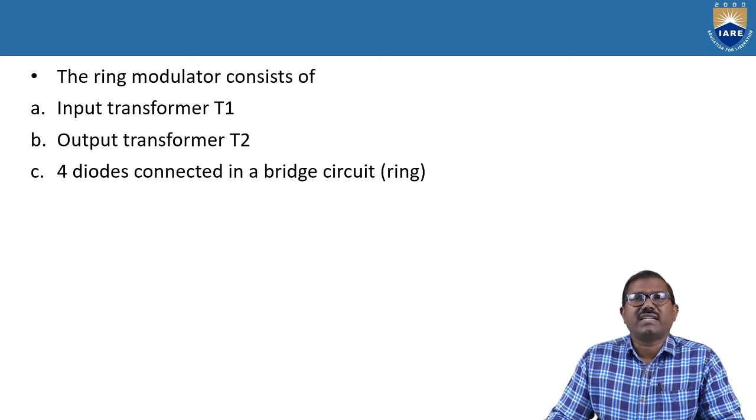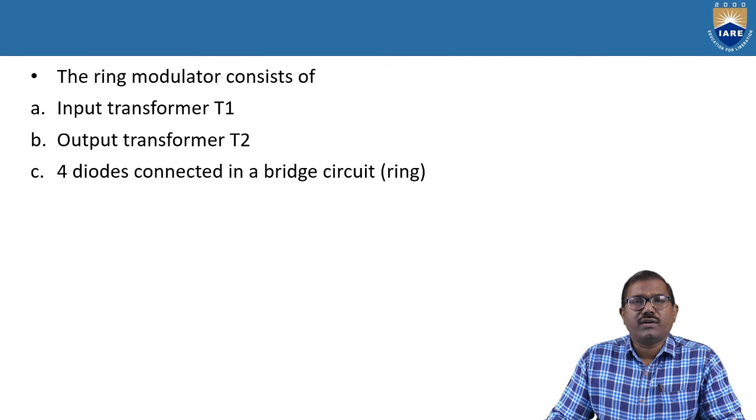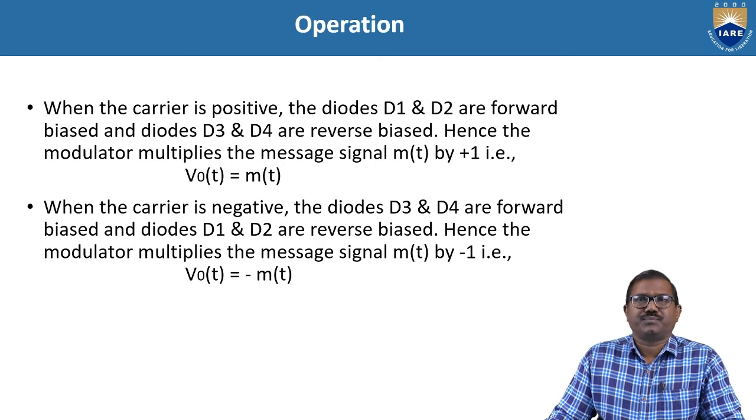The ring modulator consists of 2 transformers, one is the input transformer and another is the output transformer, and 4 diodes which are connected in a ring circuit or bridge circuit. This is already shown in the figure.